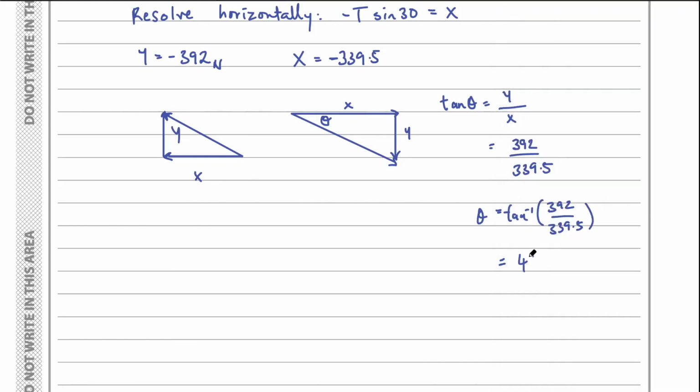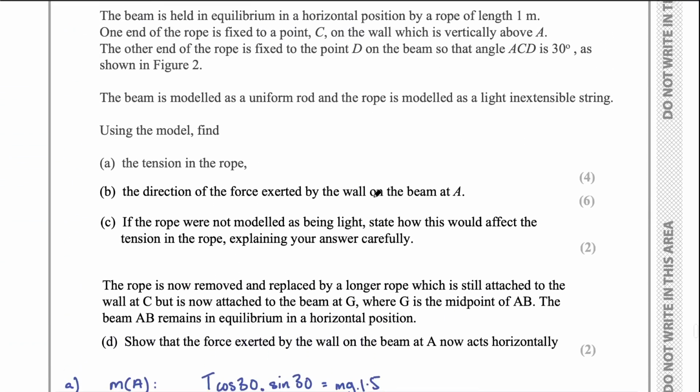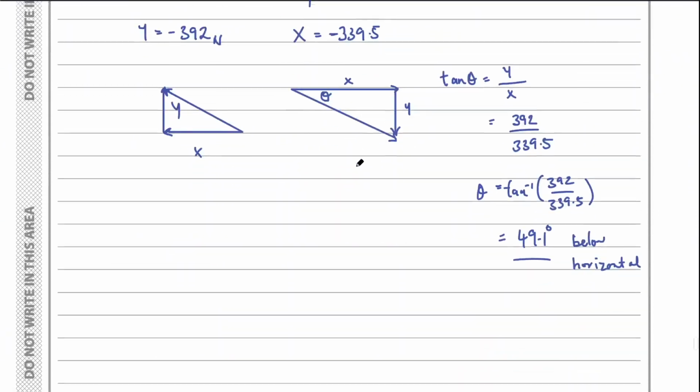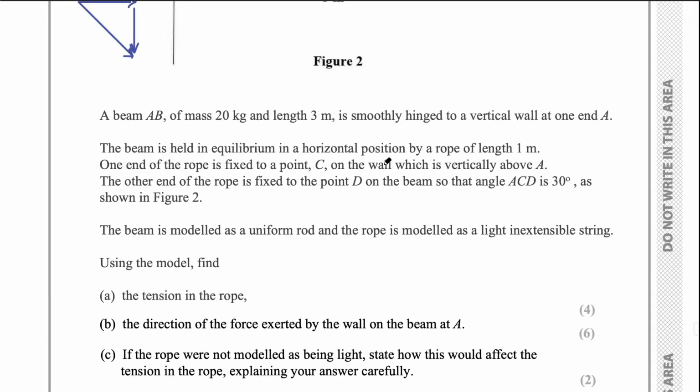Okay, so 49.1, and we should indicate that that's below the horizontal. So below horizontal. And again, the question doesn't specify exactly what to round to. So, you know, 1 decimal place or even the nearest whole number, I think would be fine there. So that was part B.